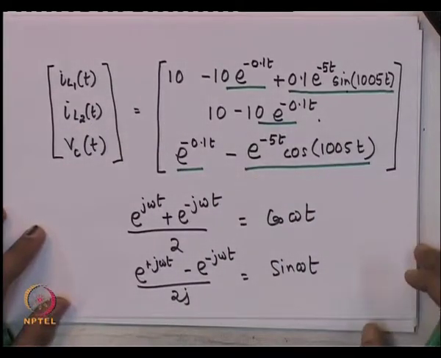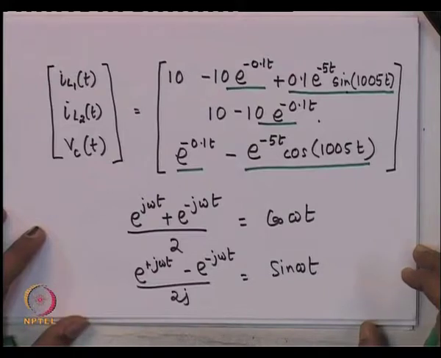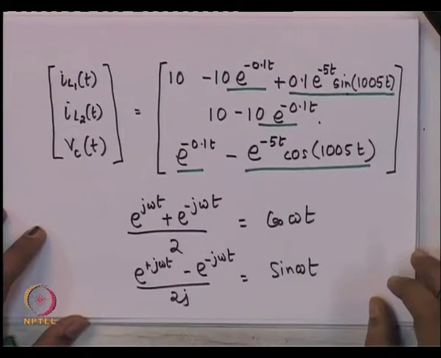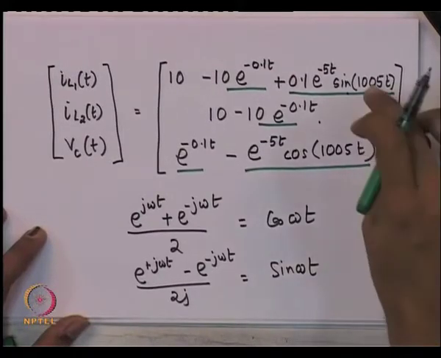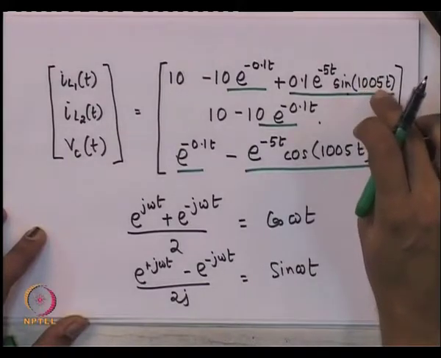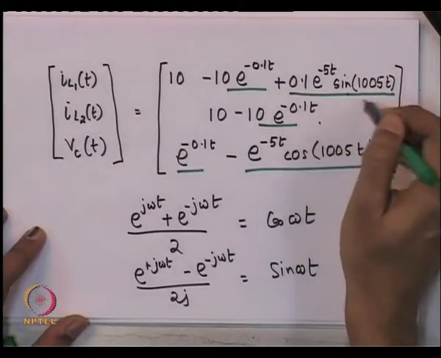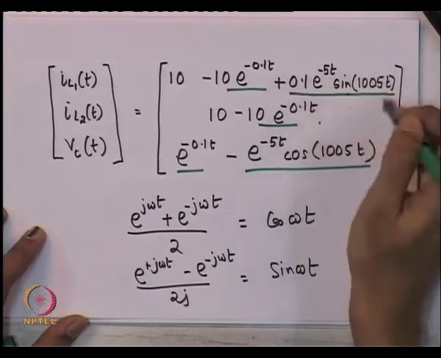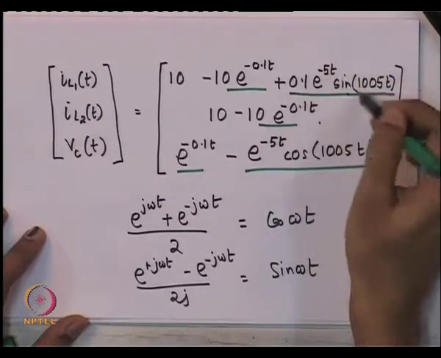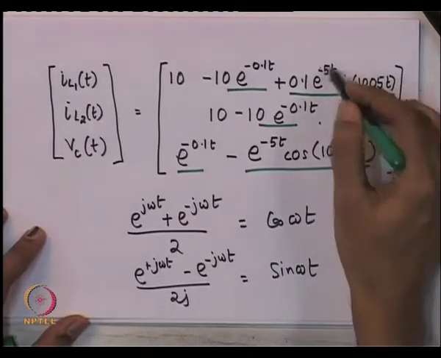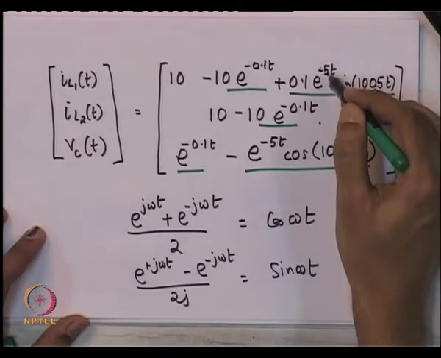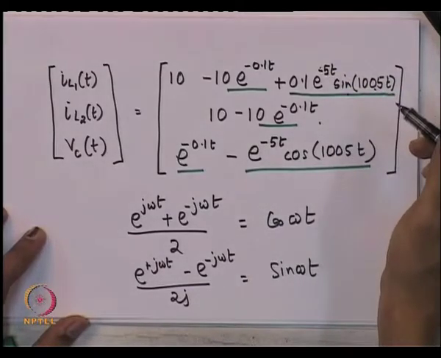So, this is where we stopped last time. Now, one of the important things which we can see here is, this particular transient is associated with a high rate of change. You look at the real part as well as the imaginary part, rather the frequency as well as the rate of decay are quite high.